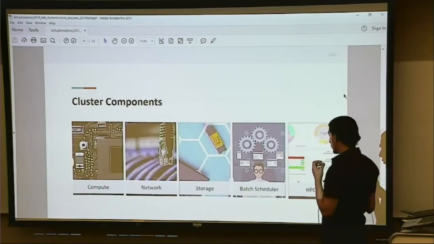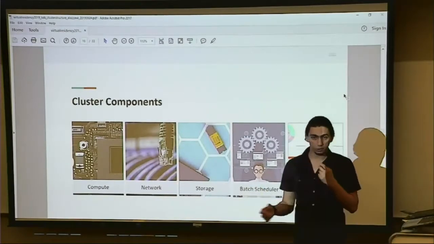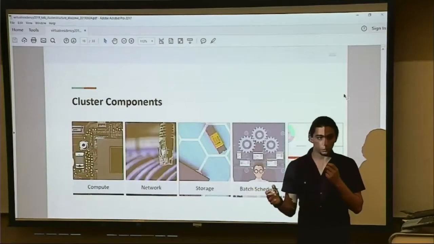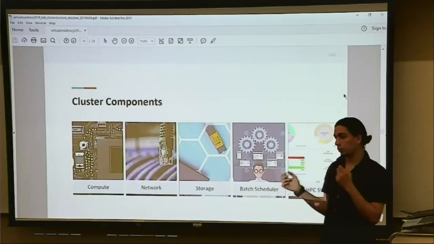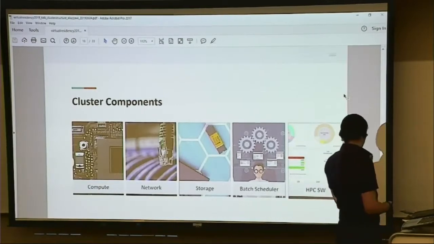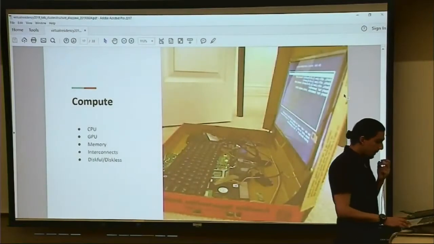Then we can move to batch schedulers, cluster management and orchestrators. How do you combine all of these resources together? When you have hundreds or thousands of nodes, you will need a way to manage all of these. And the last part will be the HPC software plus some miscellaneous stuff.